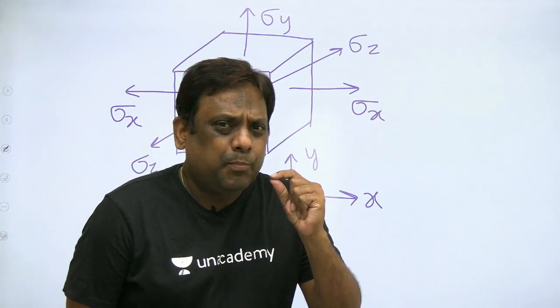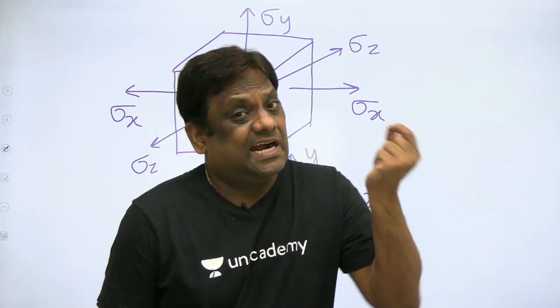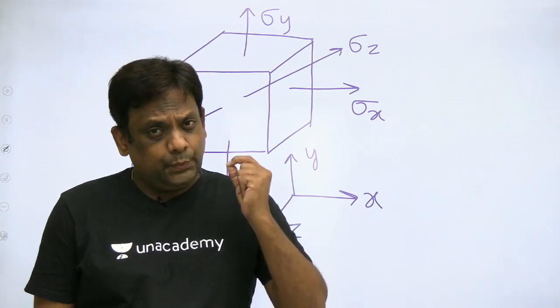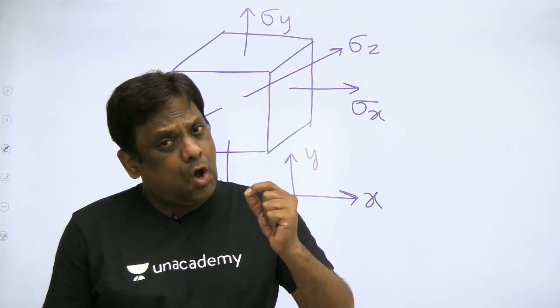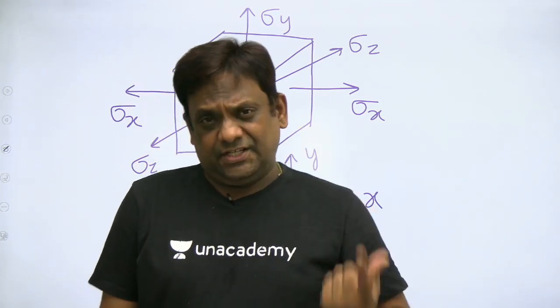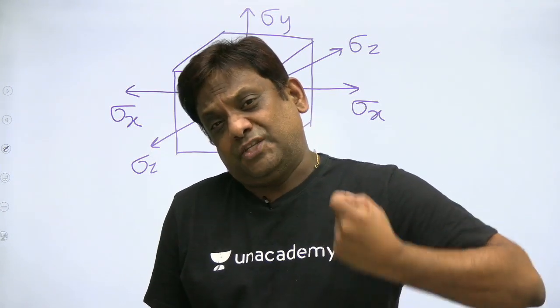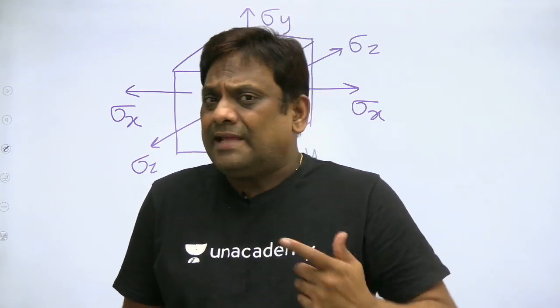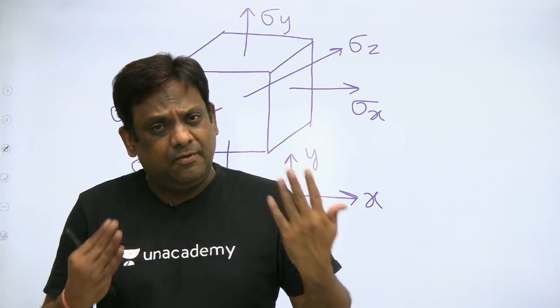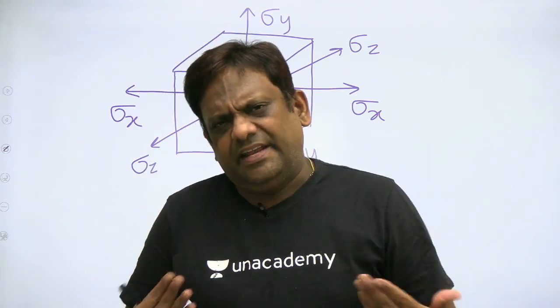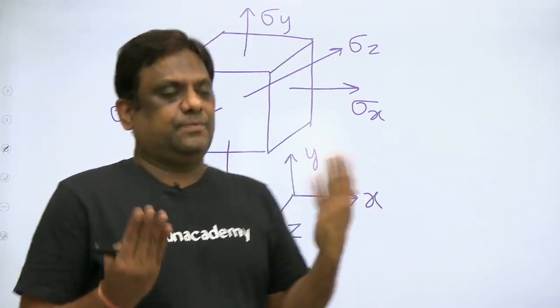See, plane stress is a condition in which the stress in one of the principal directions is 0. That principal direction may be x, may be y, may be z. So for convenience, I take it as z. What does it mean?